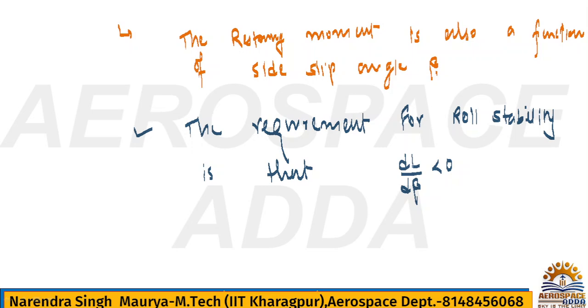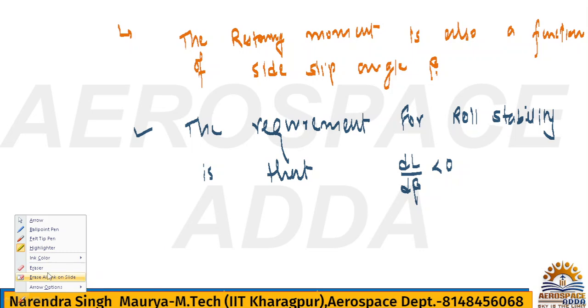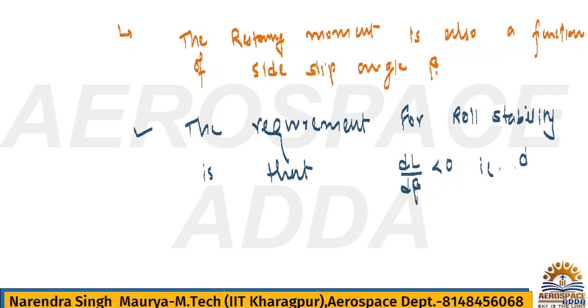All right. So this dl by d beta, because L is the rolling moment. If you remember, for the pitching moment, dou M by d alpha was there. M was the pitching moment, alpha was the angle of attack. But in terms of the coefficient, I had written dCm by d alpha. Try to connect. Similarly here you can write in terms of the coefficient, d Cl divided by d beta, which is less than 0.